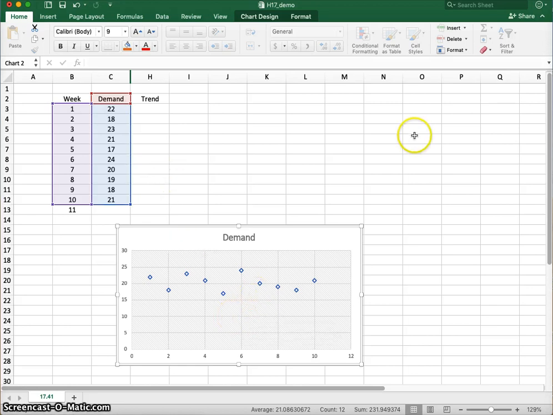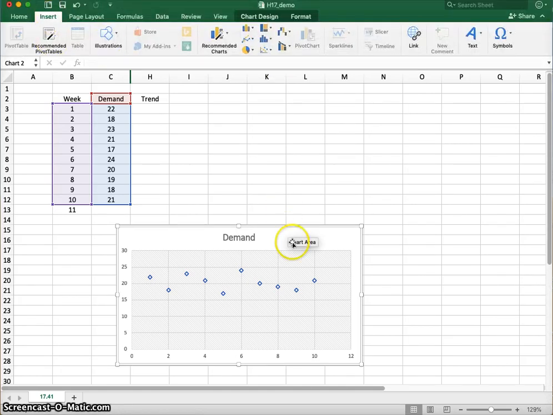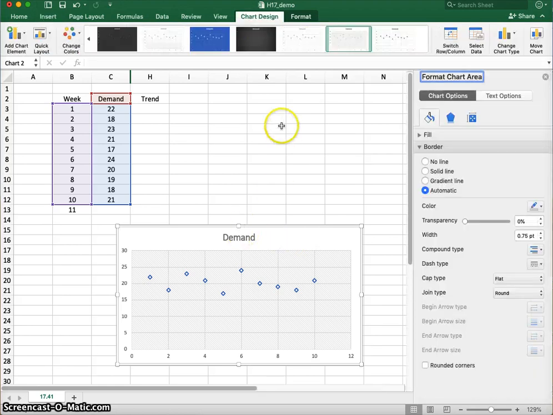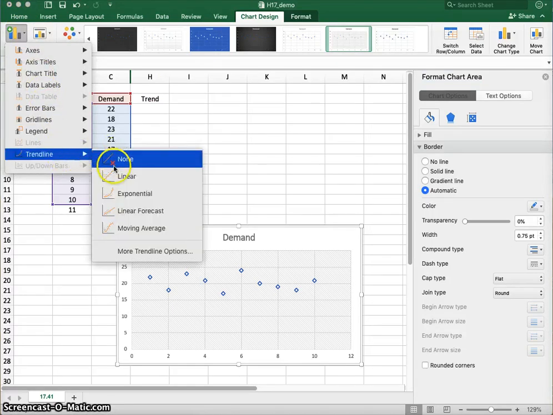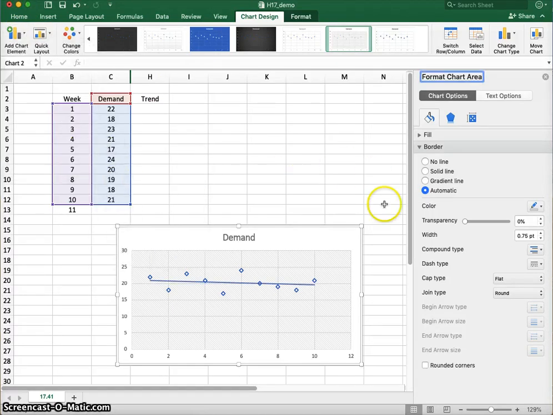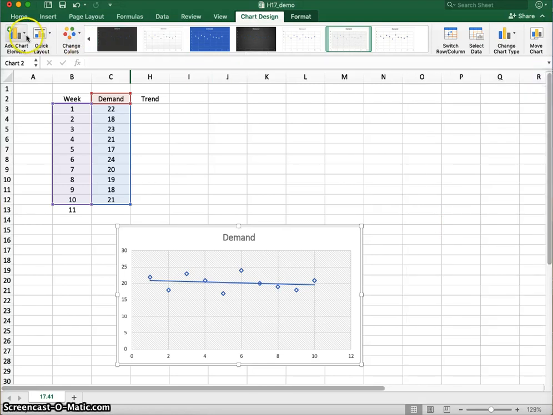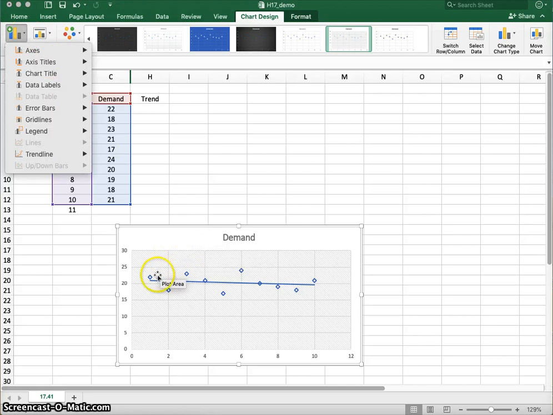Here we've already made this chart, so all we need to do is click on the chart and go over here where it says add chart elements, just like before. And we want to add a trend line, which we did. So you can see it's almost horizontal, so there's almost no trend. Really, the changes are pretty random.